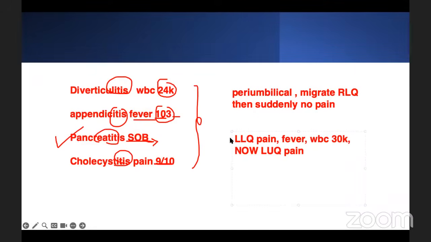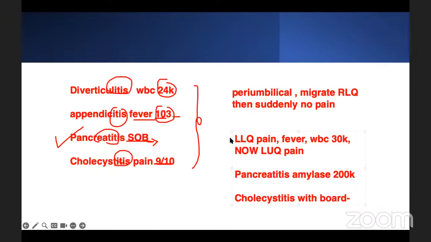Now, you come in with what? Pancreatitis. Okay, pancreatitis, your amylase is 200,000. And then I say cholecystitis with a board-like abdomen.